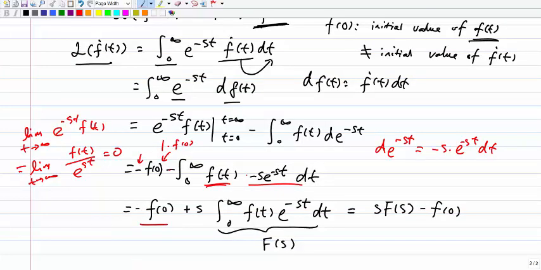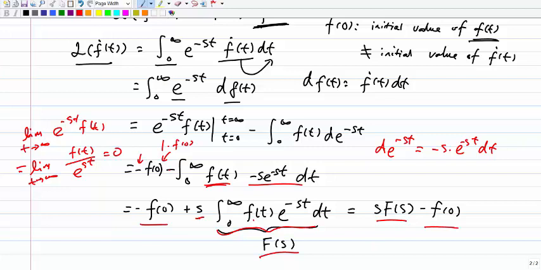The minus and minus will cancel out, so I have plus. Then move the s outside. The reason we can move s out is because we integrate over t, not over s, so s is a constant. The integral from 0 to infinity of f(t) e^(-st) dt is again just the definition of the Laplace transform of f(t), which is just F(s). So this is s times F(s) minus f(0).